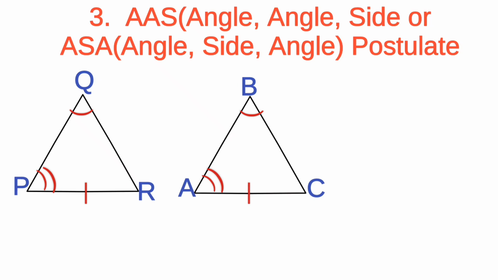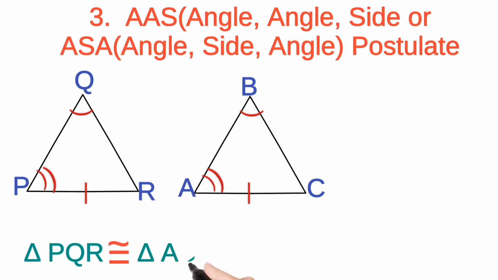That is, triangle PQR is congruent to triangle ABC. And the postulate that proves that these two triangles are congruent is what we call AAS postulate, that is angle angle side postulate.